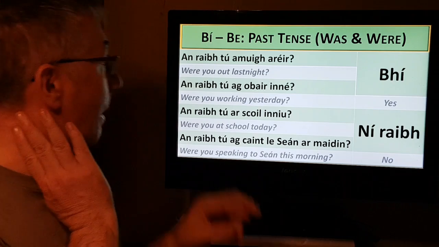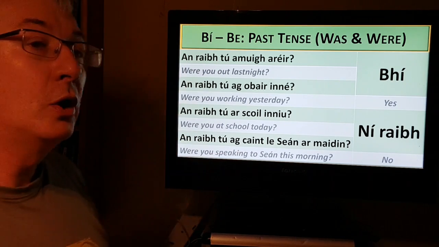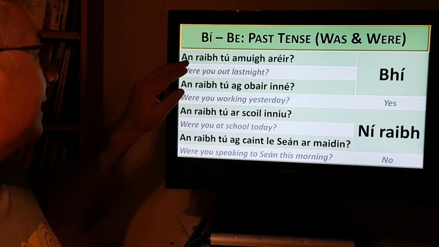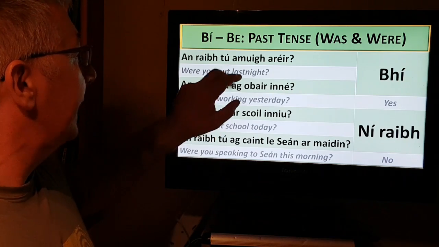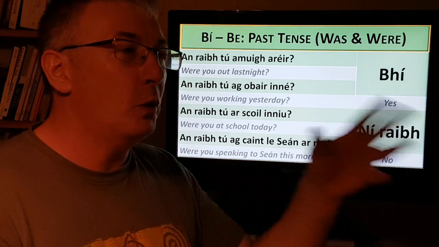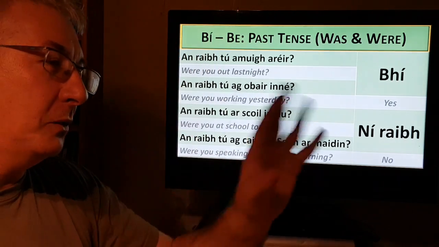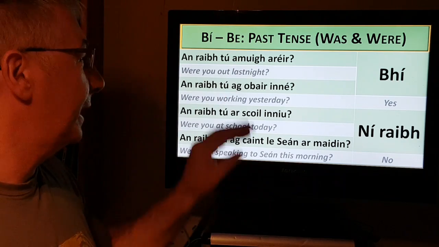Now, remember we learnt just back in the last slide that on row 2 was were you, on row 2, okay? And again, you might not hear that, just say row 2, okay? And then we say out. There's another word for out, but if we're just saying out last night, we'll look at the different uses of that later. But for now, just accept this phrase the way it is.